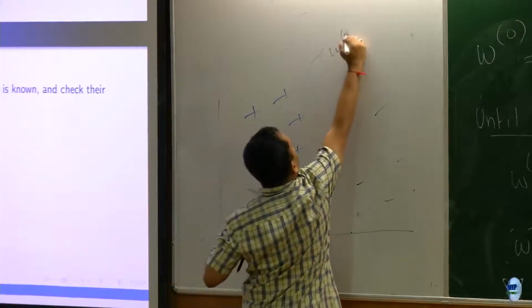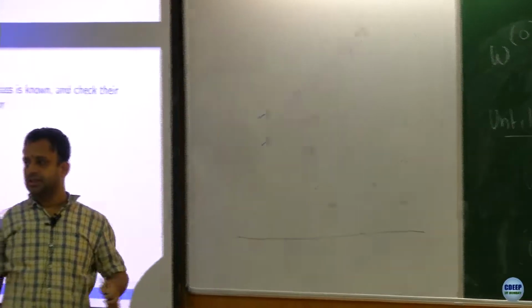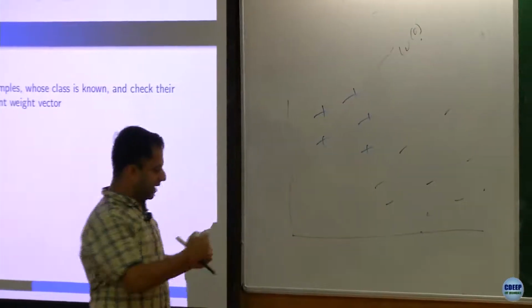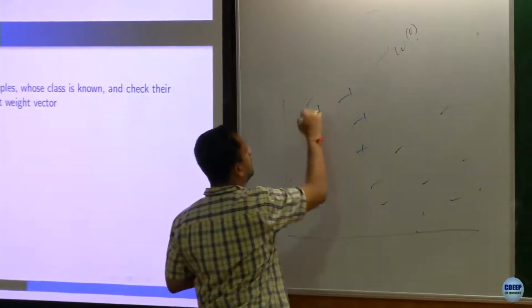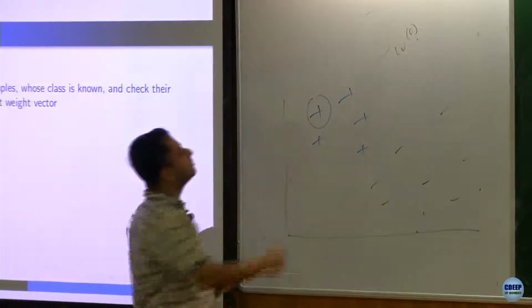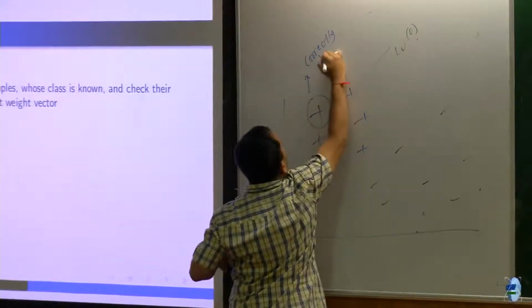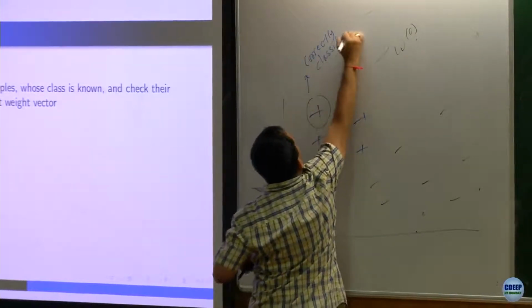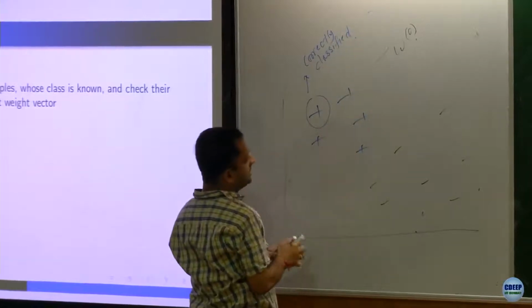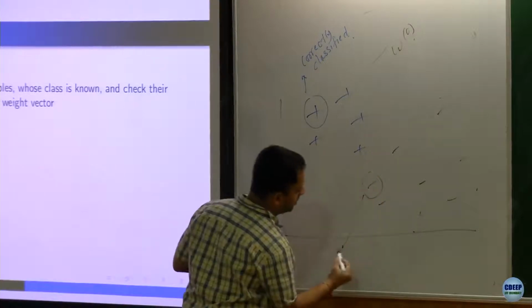This is my W0. Everything above should be positive, everything below is negative. And let's say my query point is this one. Is this correctly classified? Likewise, all these guys are also correctly classified so far. This is also correctly classified.